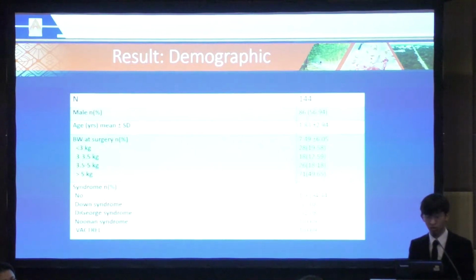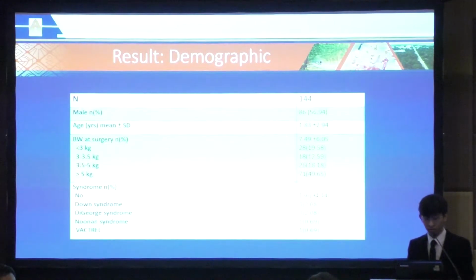The results show that the number of patients in this study is 144, mainly male, 56%, and the mean age was 1.8 years. The body weight at surgery was divided into 4 groups.